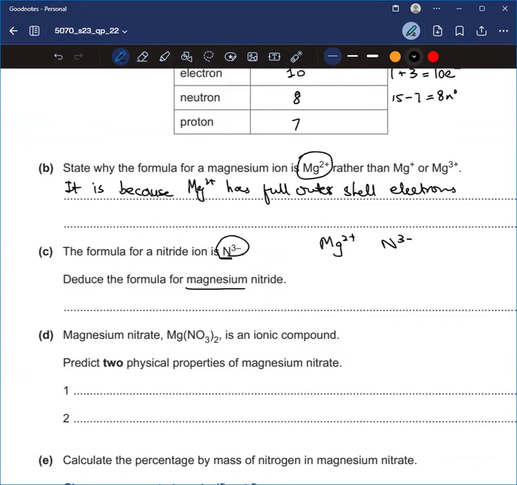So we take this charge and write it here, and the 2 plus here. So what will it become? It will become Mg3N2. And do remember that while writing the formula, we ignore the signs. Mg3N2.